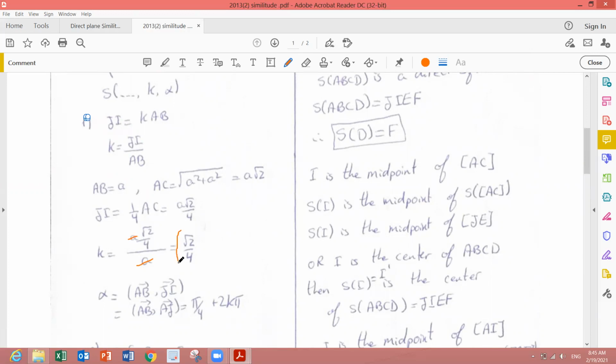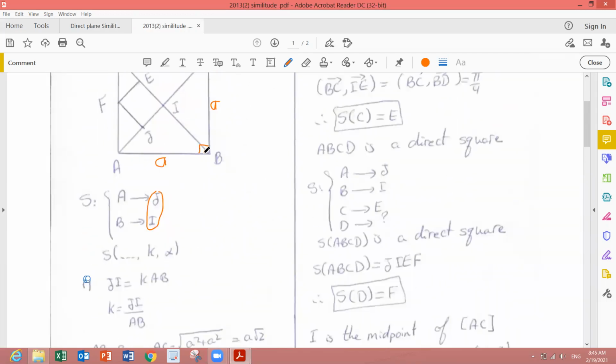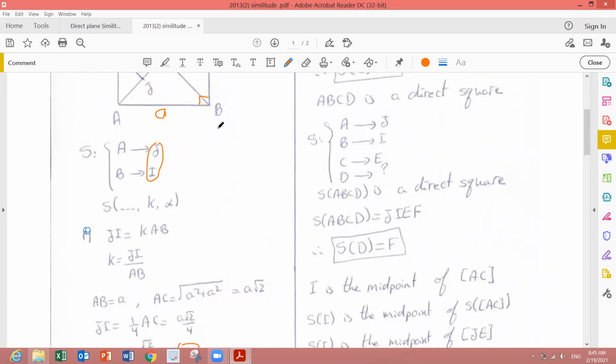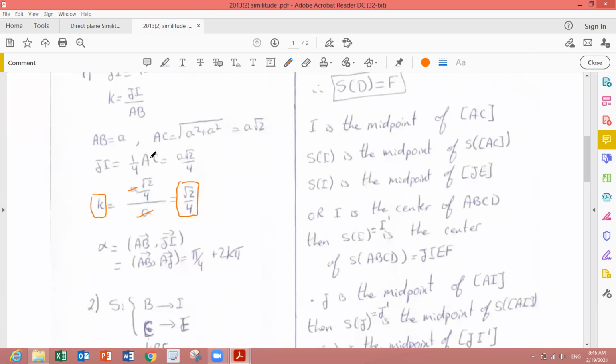Then K equals radical 2 over 4. Once again, we start with the images JI equals K AB. If you are not given the length, you take the length any measure A. So AB is A. To calculate IJ, we have to calculate AC by Pythagoras, and IJ equals 1/4 of AC.